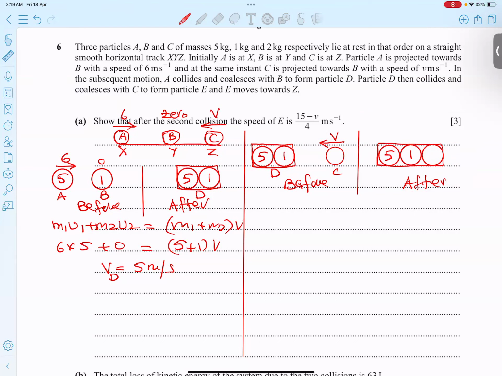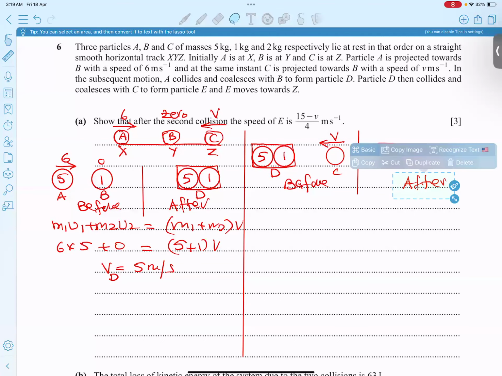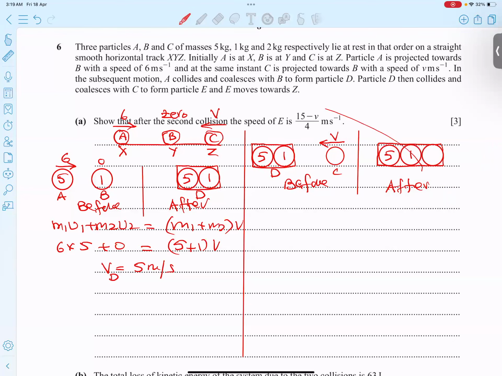The object's name is E, because it was mentioned as E. So this will behave as an E, and this will go this way.